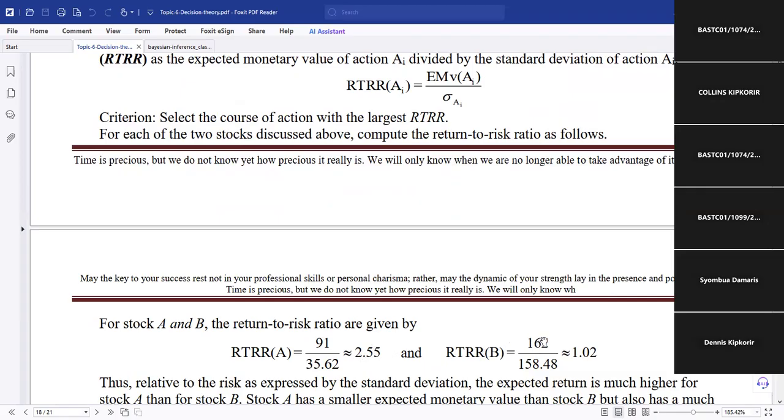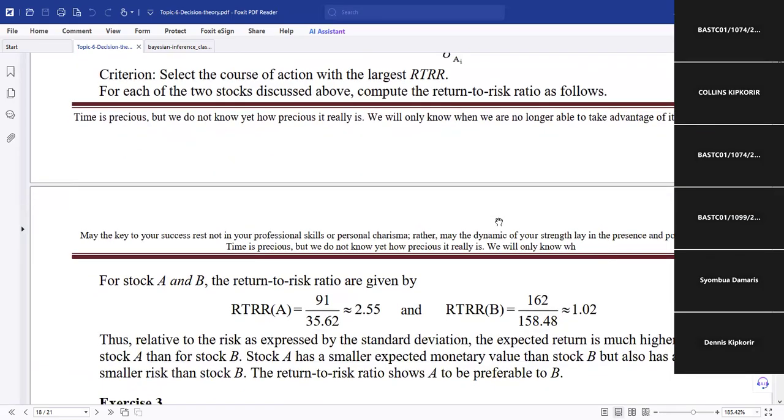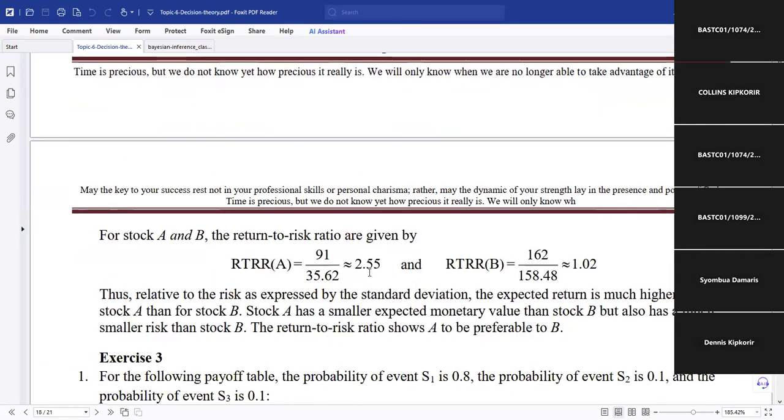Then the other one is 162 divided by 158.48, which gives 1.02. Picking the one with the largest return to risk ratio, we are picking alternative A. Thus, relative to risk as expressed by the standard deviation, the expected return is much higher for stock A than for stock B.